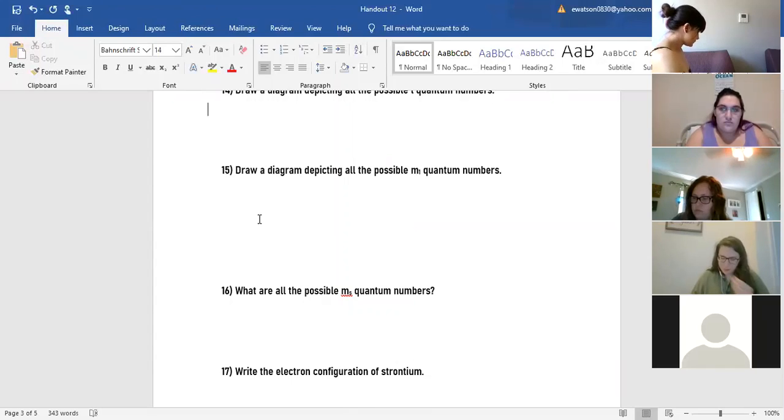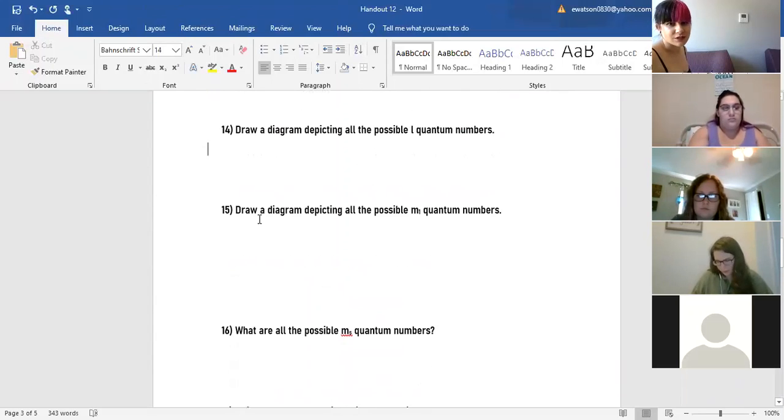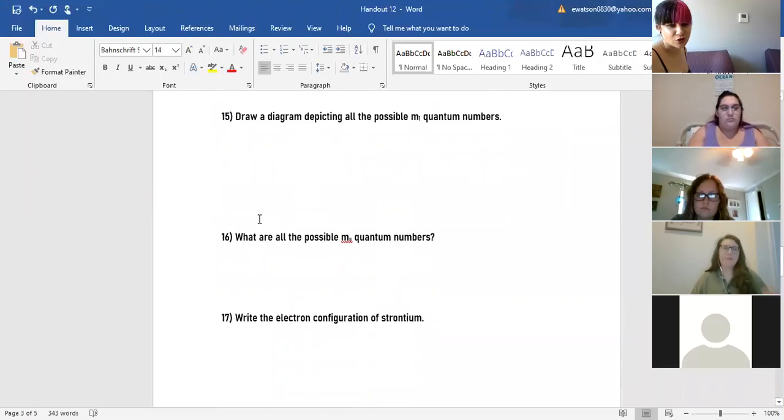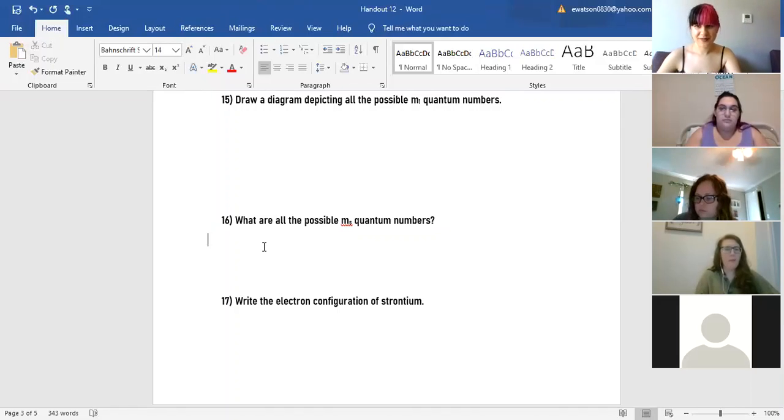And now we're going to draw a diagram depicting all of the, that's what we just did, sorry. So what are all of the possible M sub S quantum numbers? Positive and negative 1/2. You can only have positive or negative 1/2.